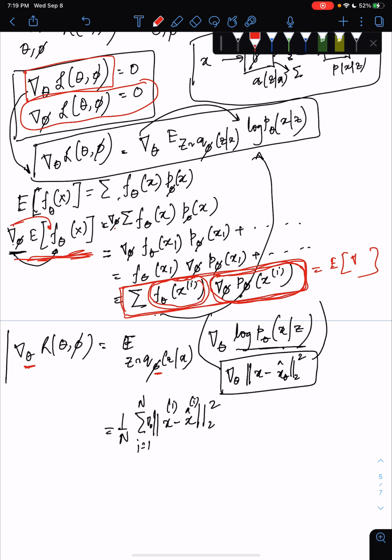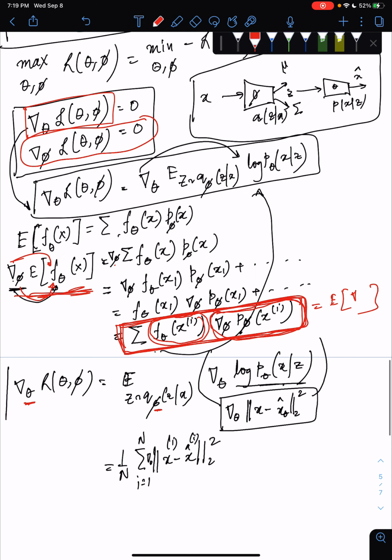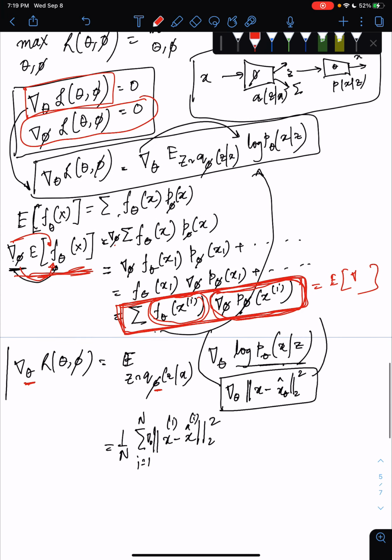So we cannot push my gradient inside of my expectation. And this is the problem of taking the derivative with respect to phi.